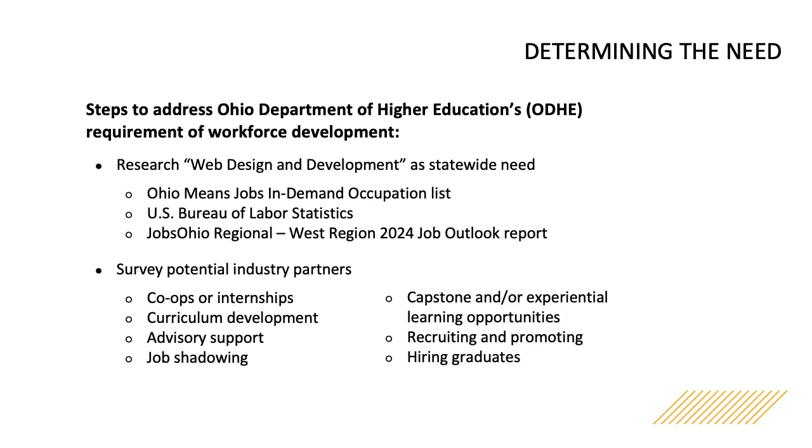Then I made initial phone calls to gauge need and ask hiring level supervisors to fill out a survey. During the survey process, we were direct in asking how companies could support the new program, whether it be through co-ops or internships, curriculum development, advisory support, job shadowing, capstone and/or experiential learning opportunities, recruiting and promoting, or hiring graduates.